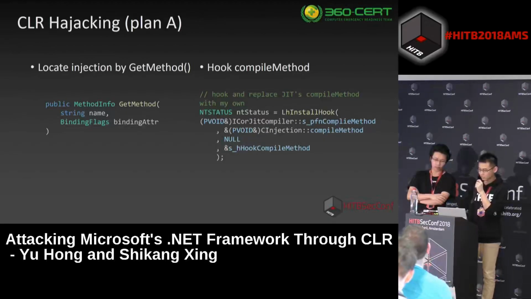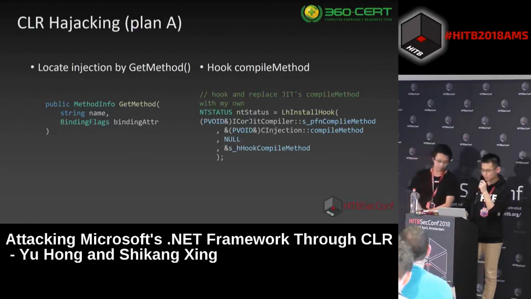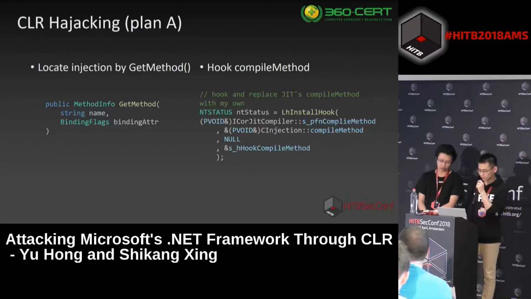This is an example for finding the injection method, and then combining it. The CLR will call the compile method. We can replace the compile method through this hook.